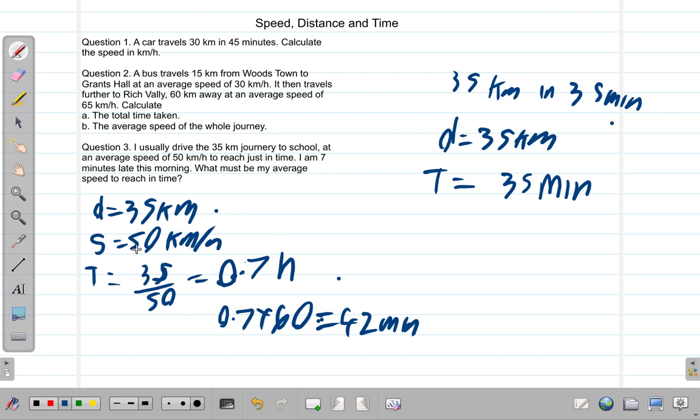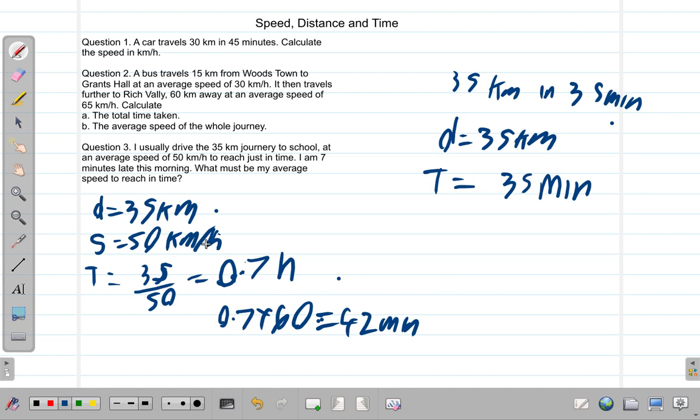So remember what you do is say the distance and the speed. We have the distance and the speed, and I want the time taken to cover the journey. So it's distance over speed, 35 over 50, which is 0.7 hours, same as 42 minutes.